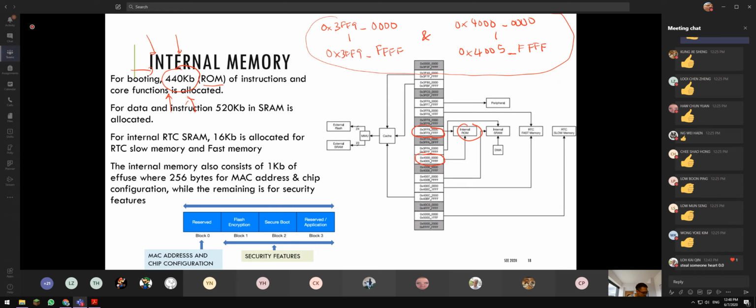Whatever your answer will be recorded. What is the size of this ROM? If you don't know, say you don't know.